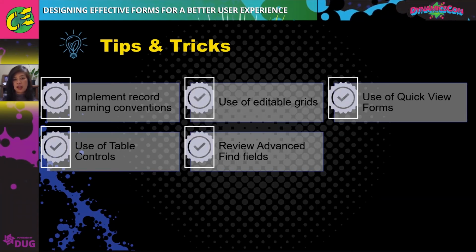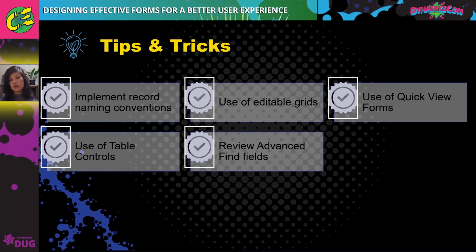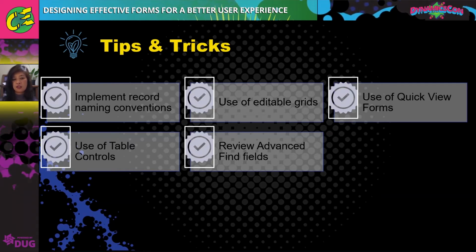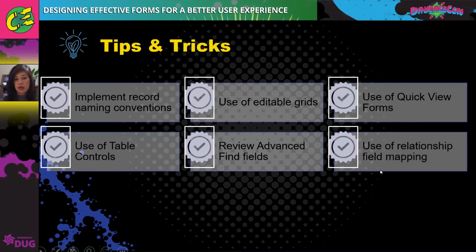So untick that, and in the classic solution designer, you can bulk edit the fields. So just select the fields that you want to turn this feature off, and then click edit, and you'll be able to set the searchable to no that way.